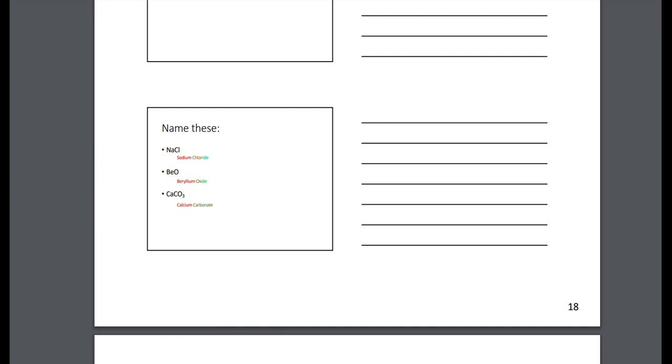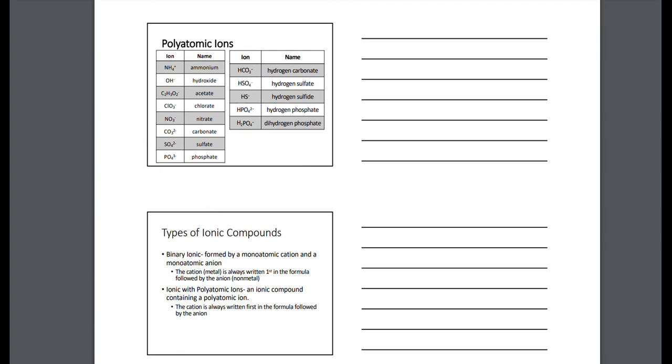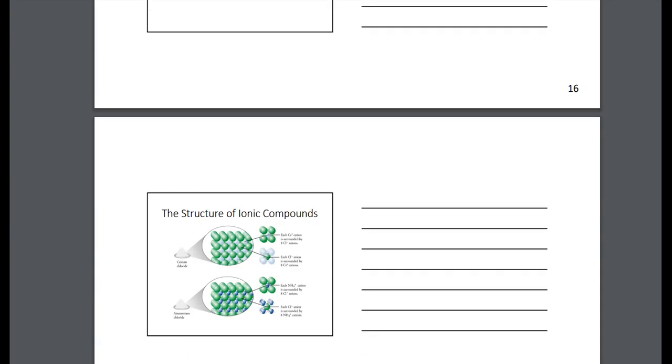Of course not, because CO3 is a polyatomic anion. You have to think of it this way. How would I know the name of the polyatomic anion? That's where this chart here comes in handy. So carbonate is right here.